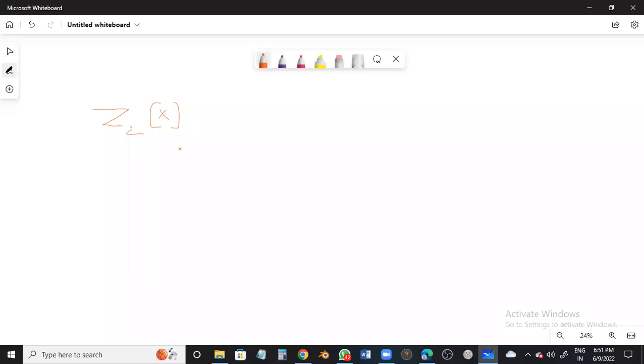You know better that this kind of notation is for the set of all polynomials whose coefficients lie in Z2. Is it right? All kinds of polynomials whose coefficients are taken from Z2. So Z2 of X is the set containing all polynomials with coefficient either 0 or 1.